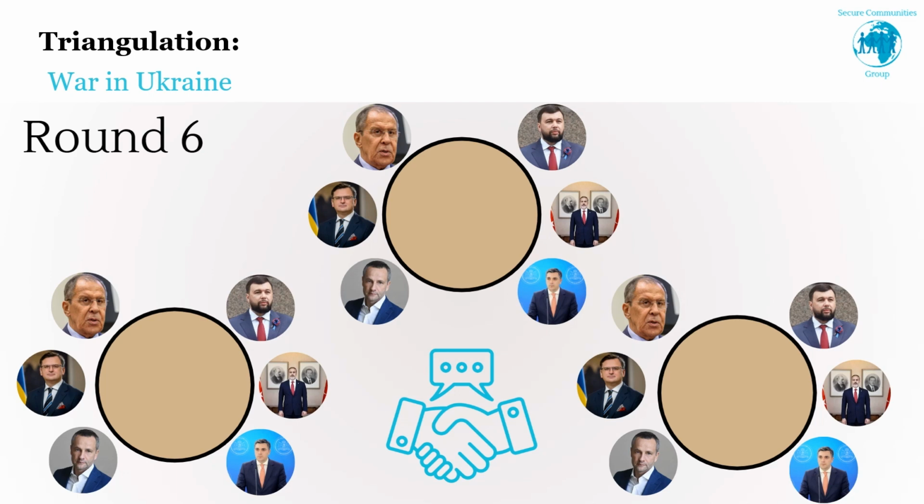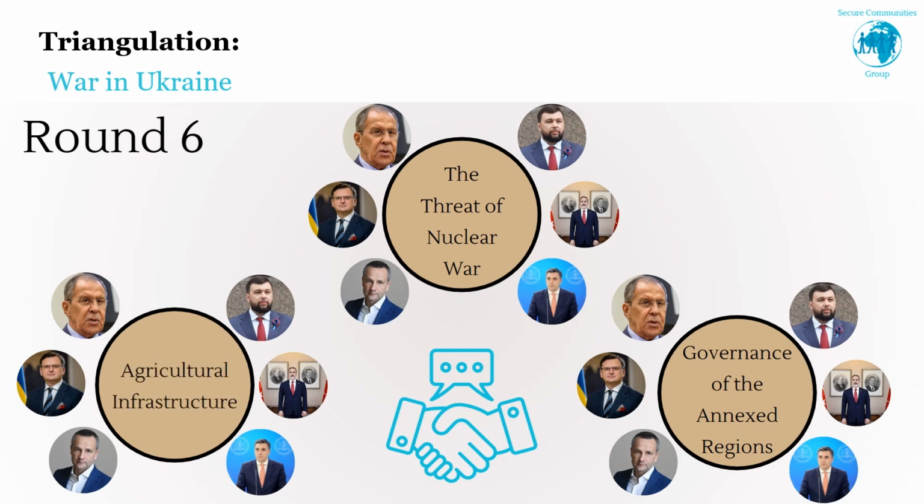Rather, each of the 3 pods is an issue-based table, so that issue A, the threat of nuclear war, becomes one area or center for negotiations to commence. Issue B becomes the second table where negotiations will be held, this one focusing on the 4 Russian-occupied regions, and letter C will focus on the issue of agricultural exports coming out of Ukraine.